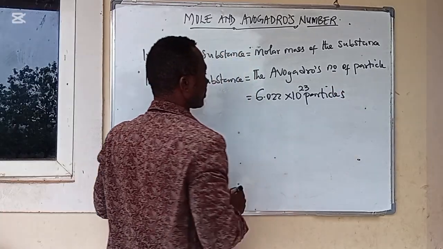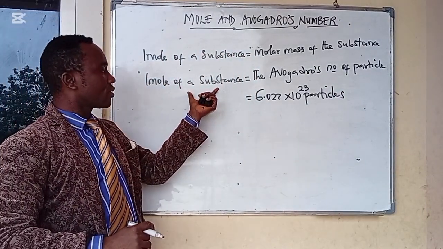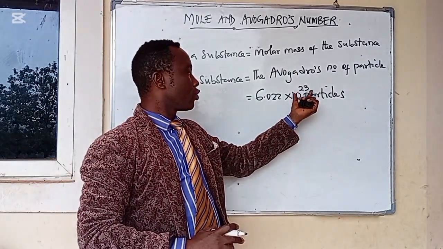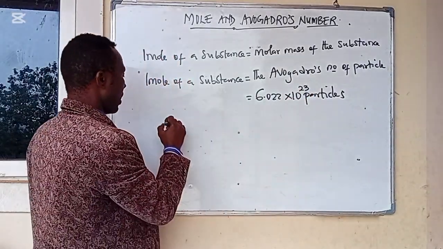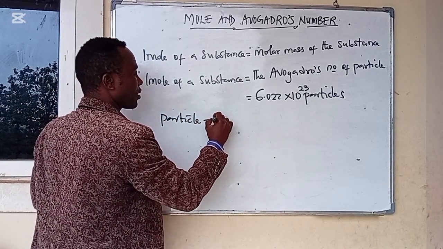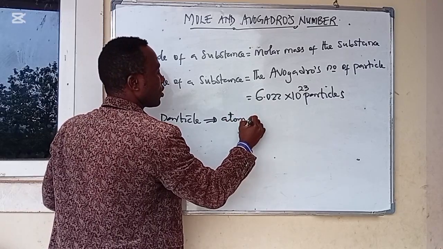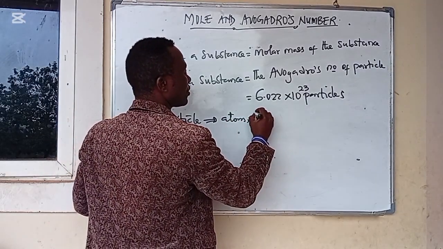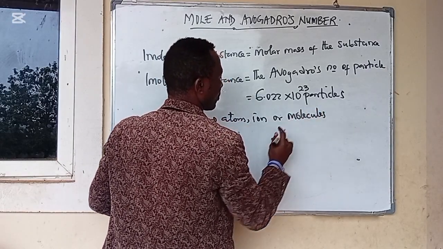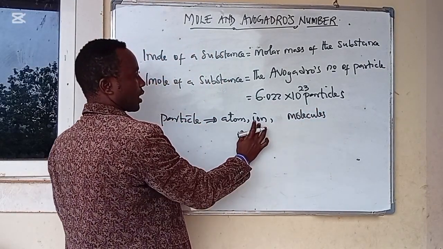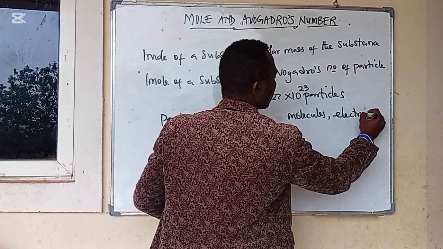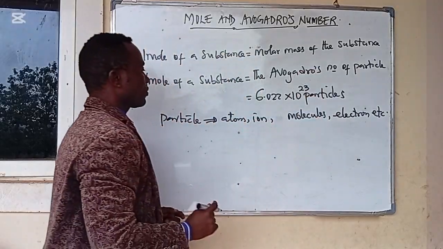Remember, a particle can be an atom, an ion, a molecule, or an electron, and so on and so forth.